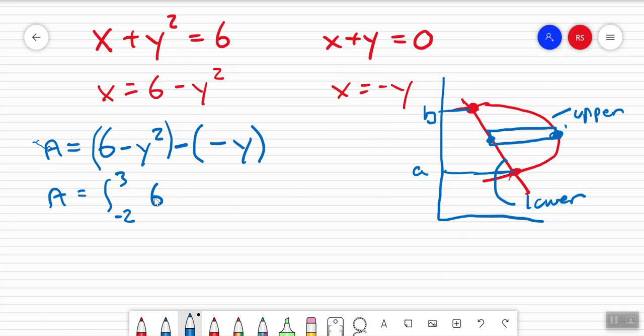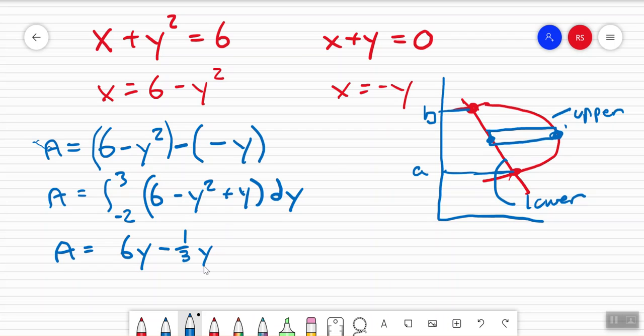And of course, this is 6 minus y squared plus y dy. We are integrating with respect to y now. All right, so let's just go ahead and integrate it. This is a straightforward integration. We're going to have 6y minus 1/3 y cubed plus 1/2 y squared, evaluated from 3 to negative 2.